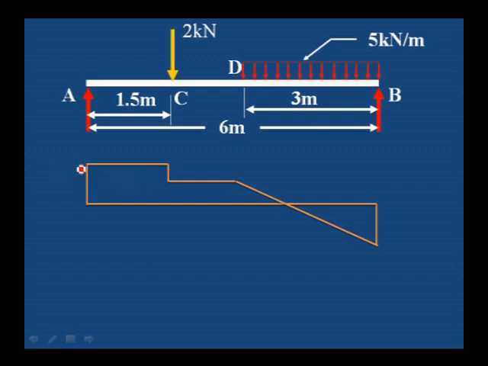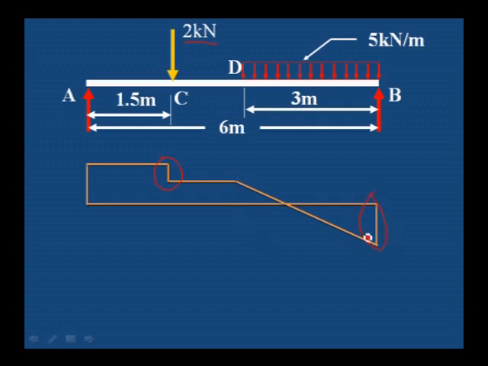From A to C it is horizontal, the shear force is constant, and at this point there is a vertical drop equivalent to 2 kilonewton, and then again it remains constant, and on this side it is equivalent to the RB value.